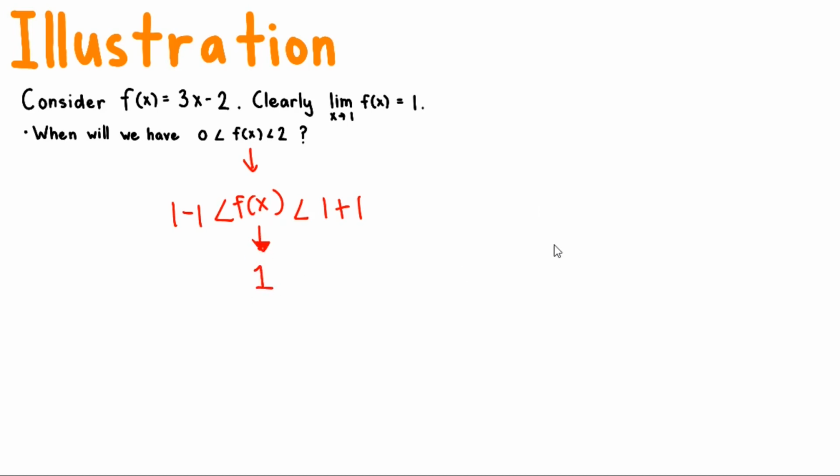If it's quite confusing now, I hope that it gets better later on when we continue with this illustration. So the question here is, when will we have f of x between 0 and 2? Or what this means is, for what values of x will this hold? Well, let's try to solve that one.